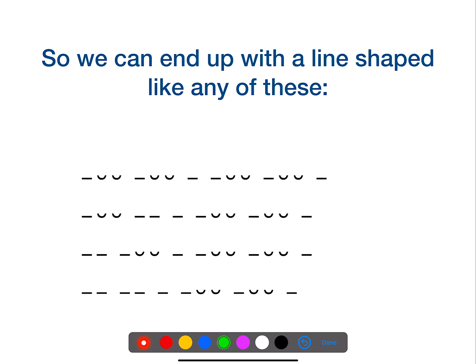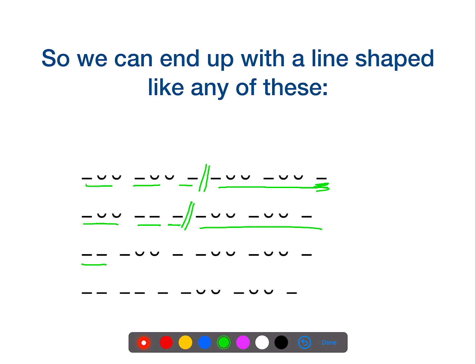So you can end up with a line that's shaped like any of these, right? A dactyl, a long syllable, caesura, dactyl, dactyl, final syllable that counts as long, or dactyl, spondee, long syllable, caesura, and then that same line ending, or spondee, dactyl, long syllable, caesura, same line ending, or even spondee, spondee, long syllable, caesura, and that same line ending.